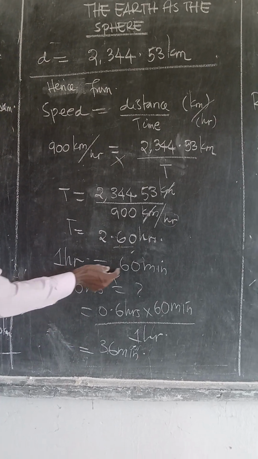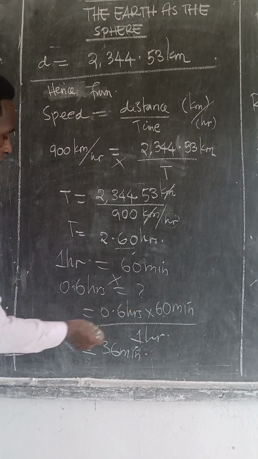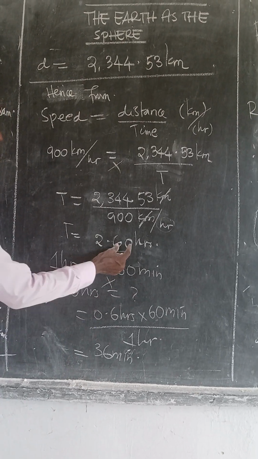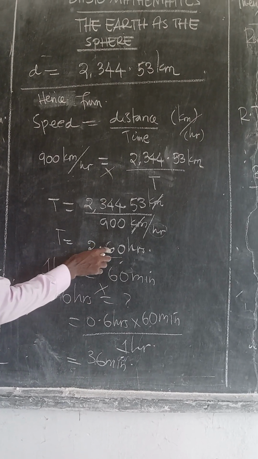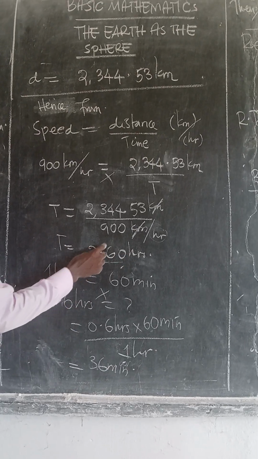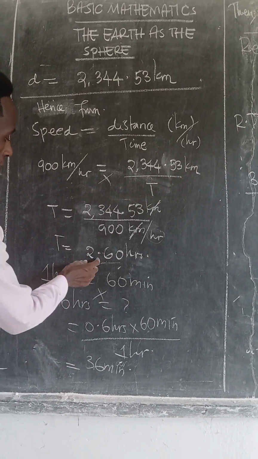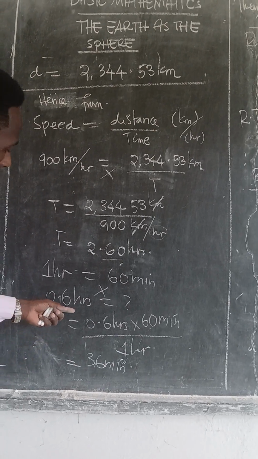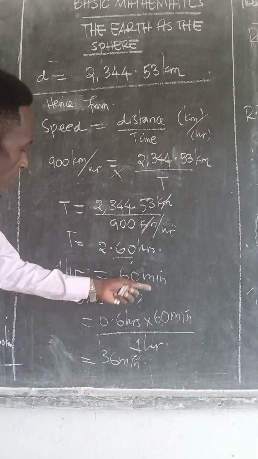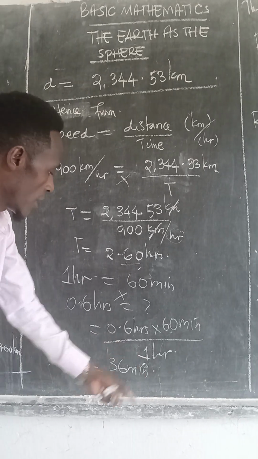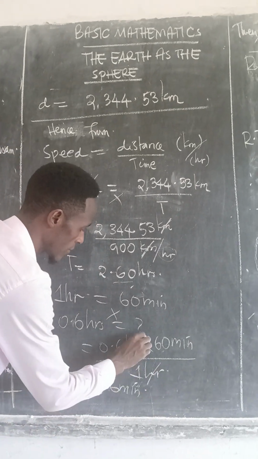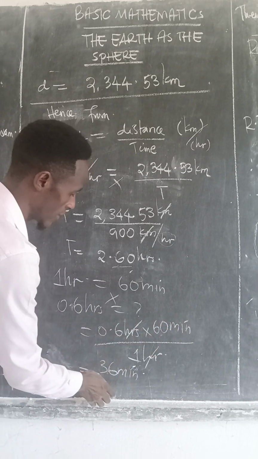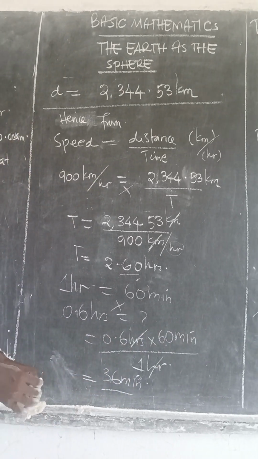1 hour is equal to 60 minutes. How about 0.6 hours? How many minutes is it? To obtain the minutes, instead of writing 2 point something hours, write 2 hours with some minutes. Just take 0.6 hours times 60 minutes over 1 hour. The hours cancel out, and 0.6 times 60 minutes gives 36 minutes.